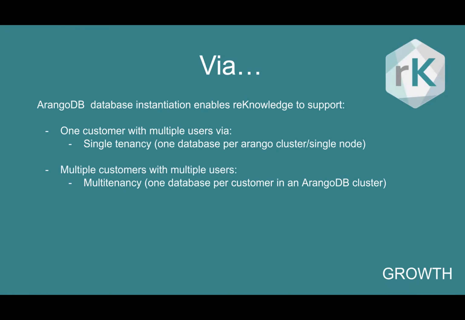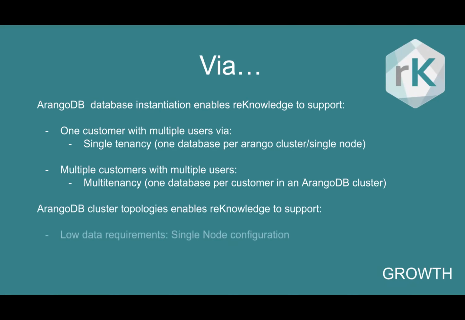And if we're looking at multiple customers with multiple users, we can envisage a multi-tenancy model in which, with a big fat Arango cluster, we can create databases that are essentially virtual verticals that isolate the data from one customer to the other. And on top of that, we layer the ability that we have with Arango to configure different topologies. And then we can really fulfill the requirements around data and process.